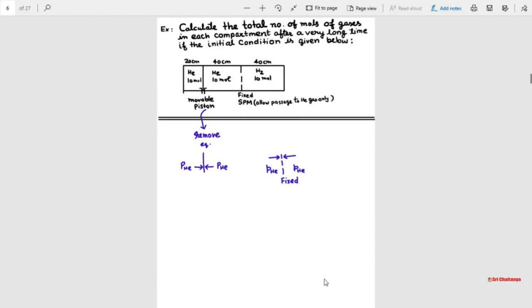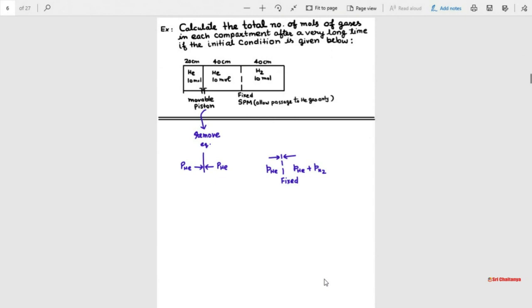So now in this particular example, what is the total pressure on the right hand side of this semi-permeable membrane? That is pressure due to helium plus pressure due to hydrogen gas. While on the left hand side, there is only pressure due to helium gas. And definitely these two pressures of helium gas on the left hand side and right hand side will be equal.